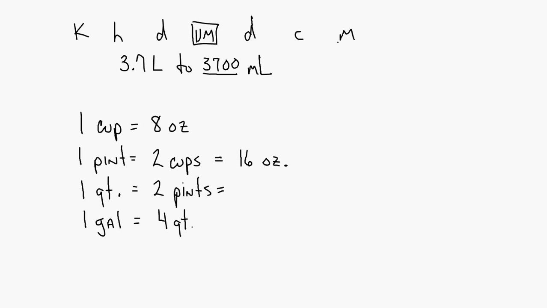If 1 pint is 16, yeah, very good, 32 ounces. And if a quart equals 32 ounces, and a gallon is 4 quarts, 128 ounces, very good. So that's going to speed things up for you, because now you're basically taking everything to ounces.